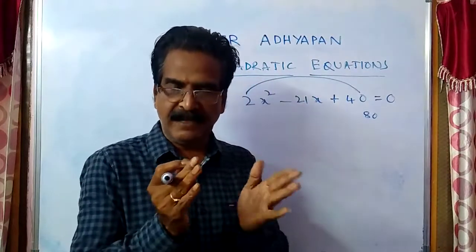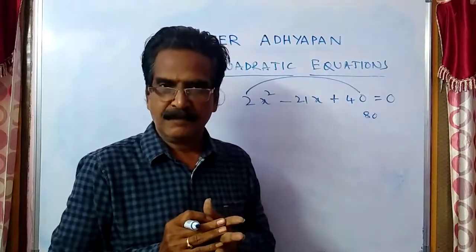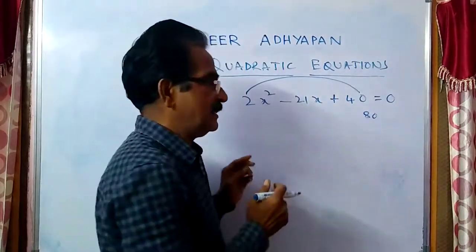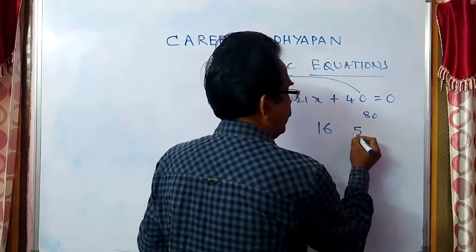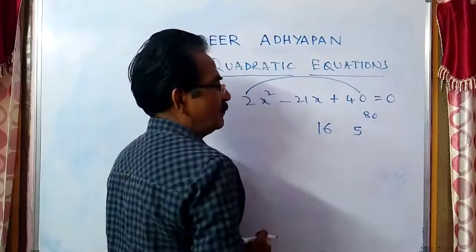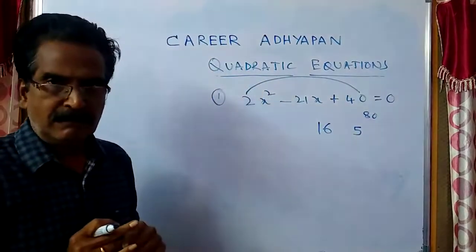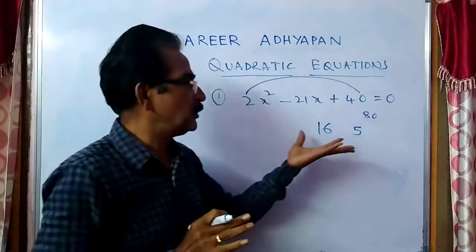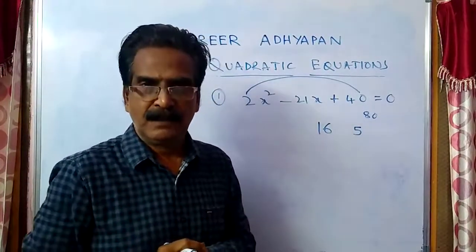Sum 21, product 80. 16 5s are 80. 16 plus 5 is 21. So now the numerical values are 16 and 5.